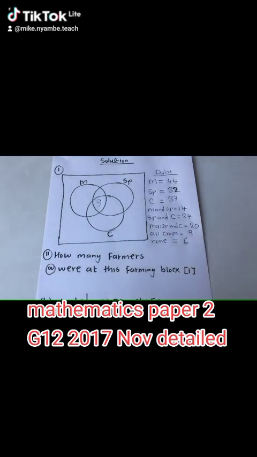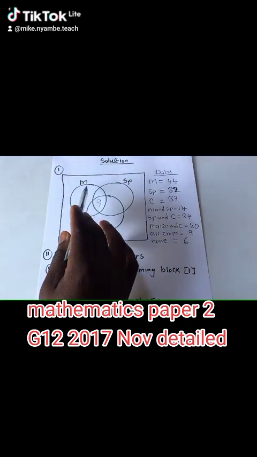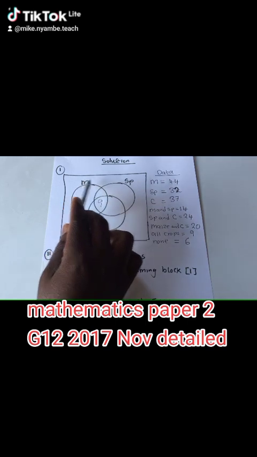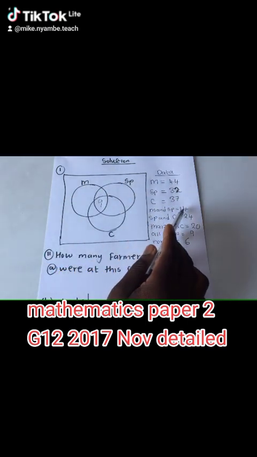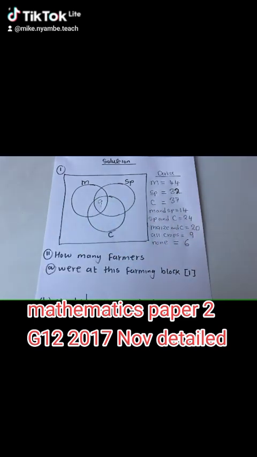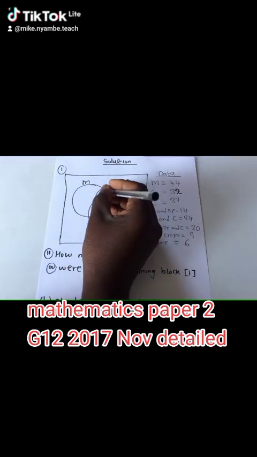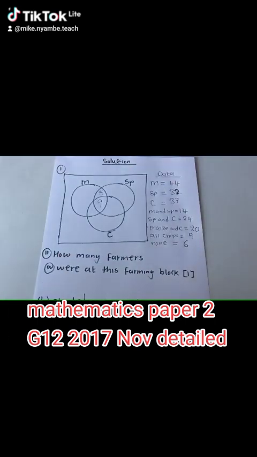That is my focus. So how do you find the people who planted maize and sweet potatoes only? For maize and sweet potatoes, there were how many? 14. So you say 14 minus 9. What is 14 minus 9? It's 5. So you write 5 there, just like this.